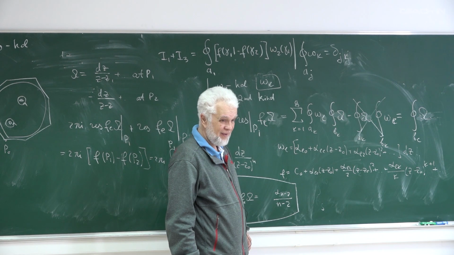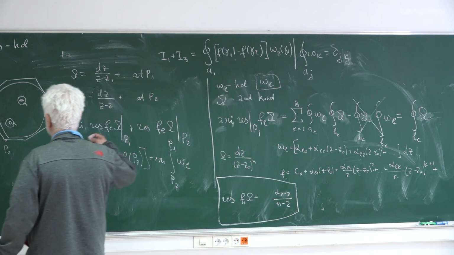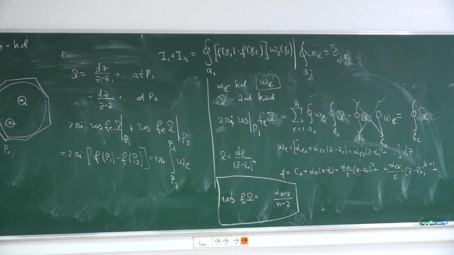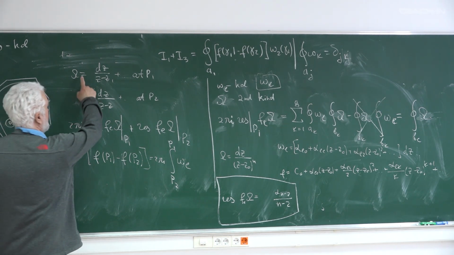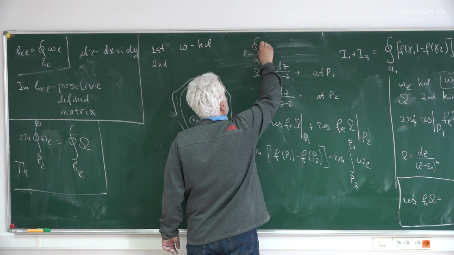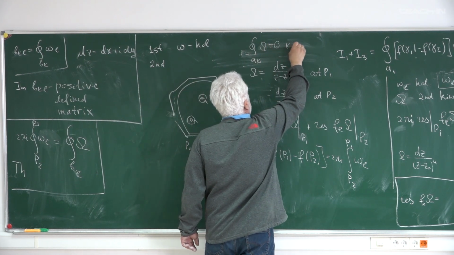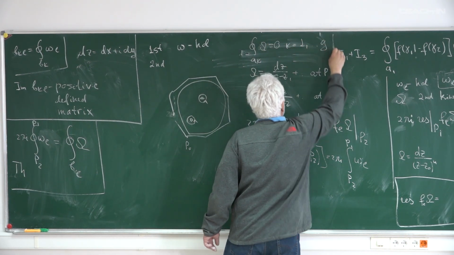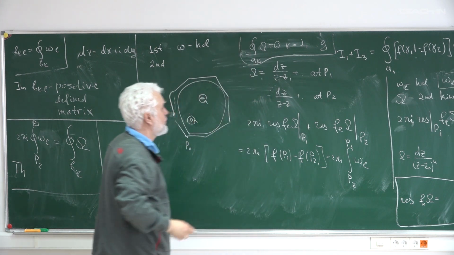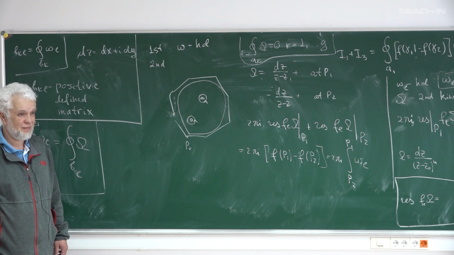This omega is of third type, normalized? Yes, this is normalized. This omega has these singularities, plus the integrals over a_k of omega are equal to 0, for k from 1 to g. Yes, of course. We are talking about normalized differentials.